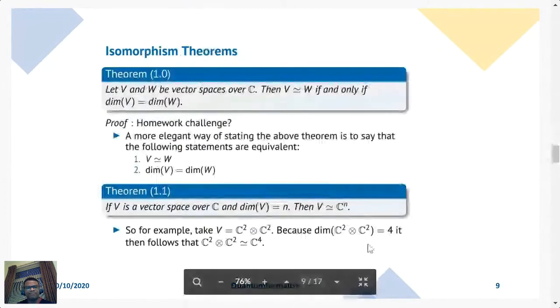Now, here's a very important result: if V and W are vector spaces over C, then the two are isomorphic only if they have the same dimension. I claim you might be able to prove this, so I'll leave it as a home challenge.